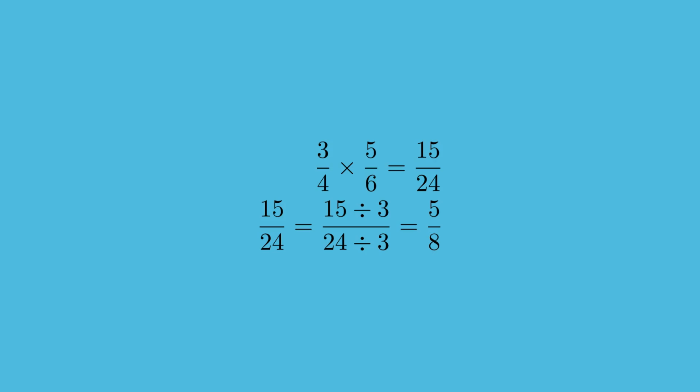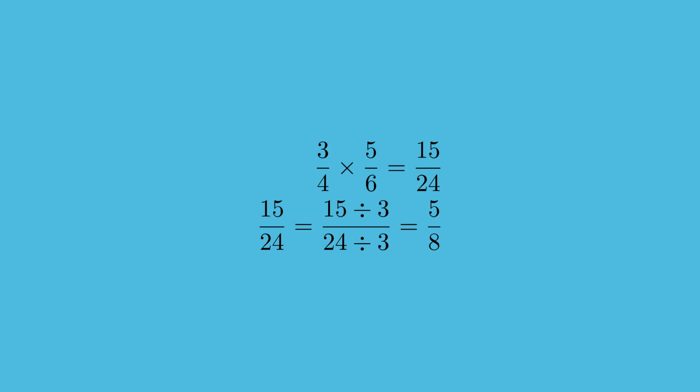To solve the problem 3/4 times 5/6, we will multiply the two fractions directly. First, let's multiply the numerators, which are 3 and 5. 3 times 5 equals 15. Next, we will multiply the denominators, which are 4 and 6. 4 times 6 equals 24. So our result here is 15/24.